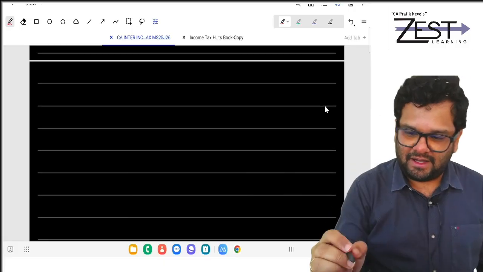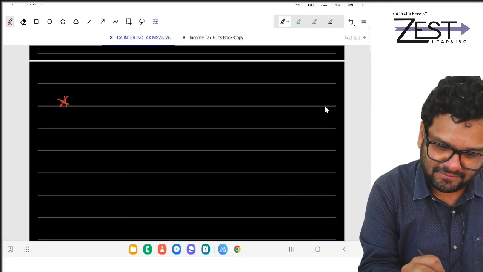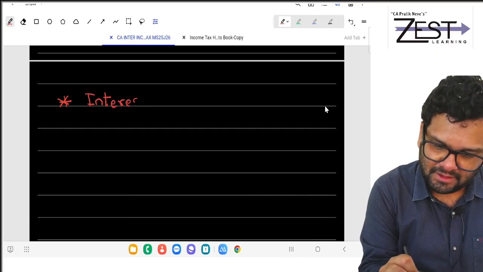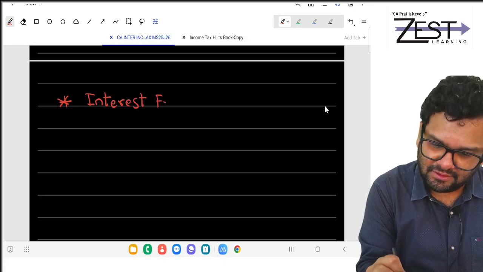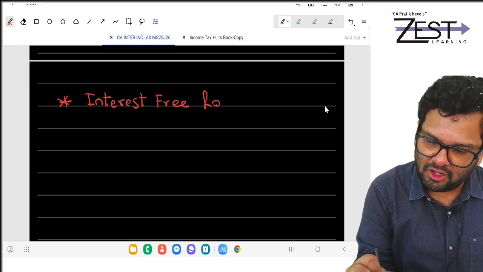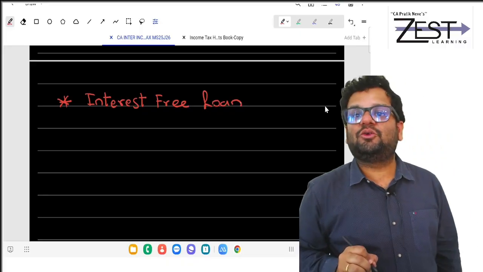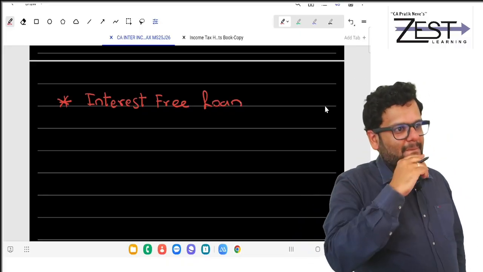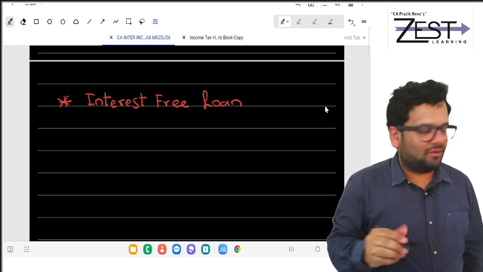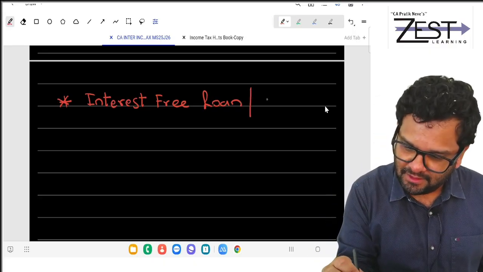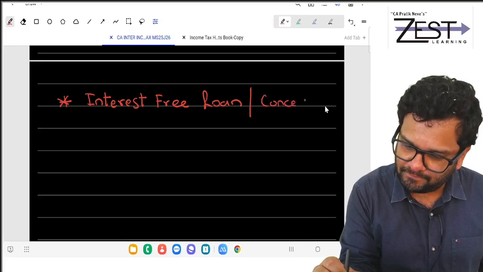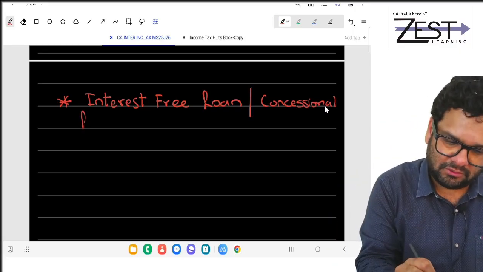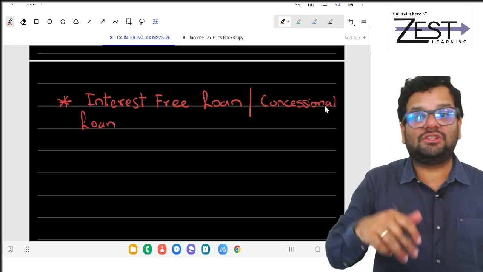First, interest free loan or concessional loan.